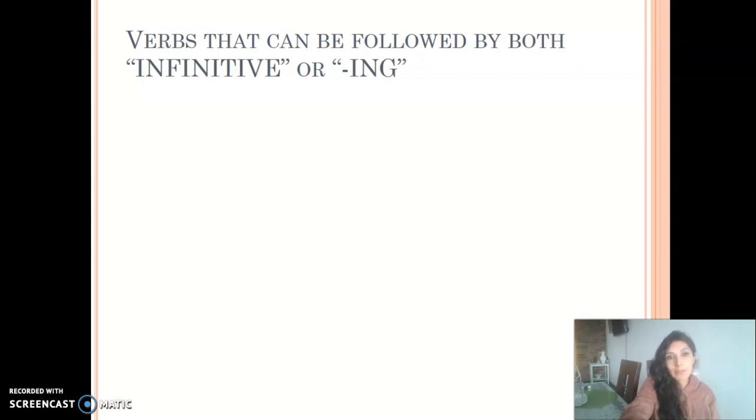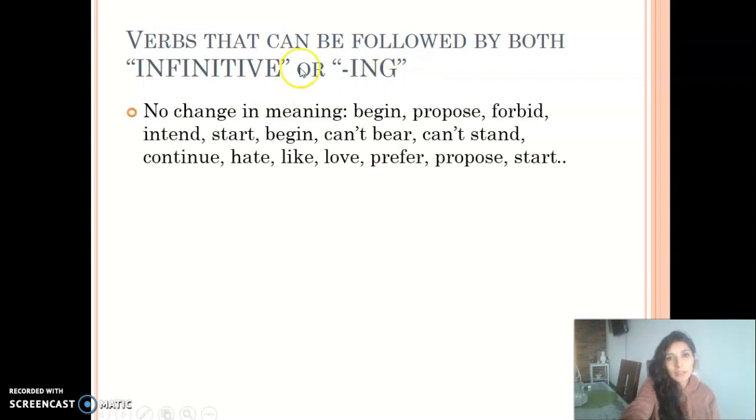So we are going to look now at what those verbs are. They don't change the meaning if they are followed by infinitives or gerunds.